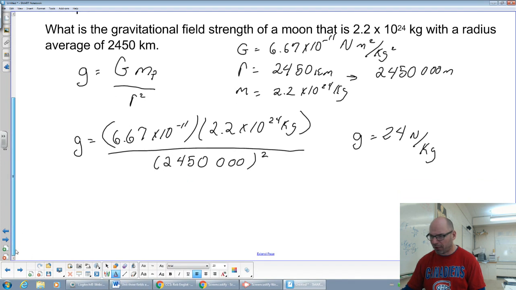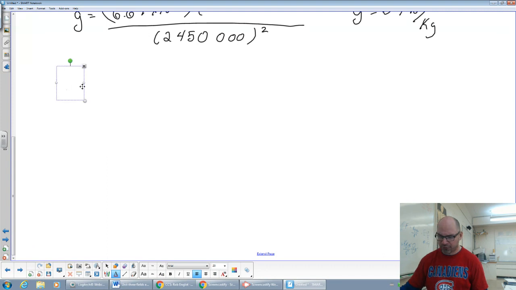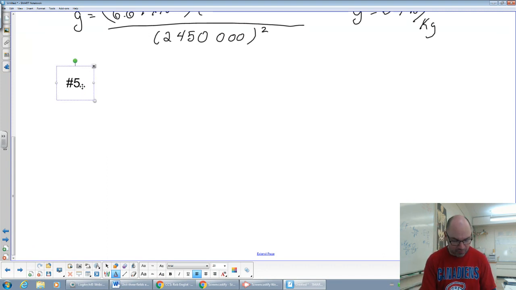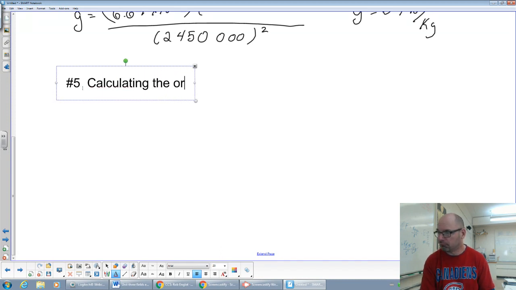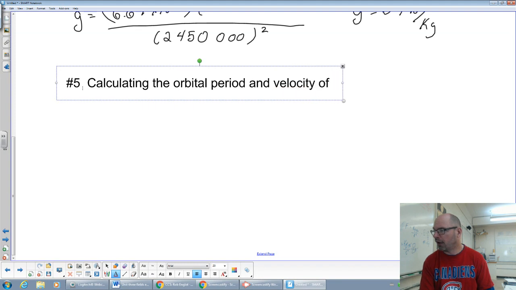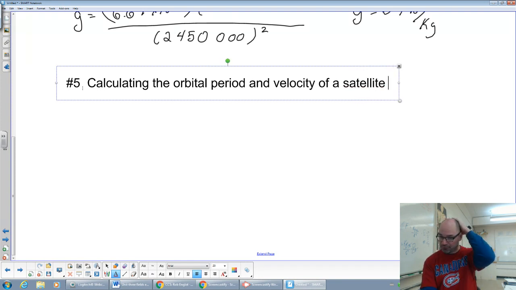So number 5 is going to be a 4-pointer calculating orbital period and velocity of a satellite above the Earth or whatever, and you'll get all the constants you need.